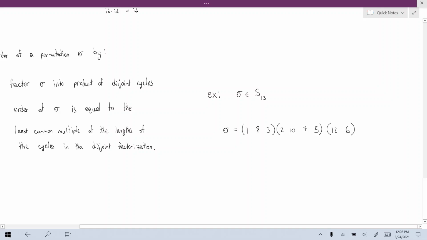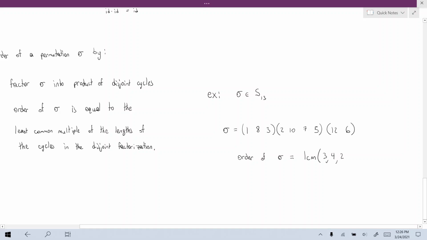Okay, so we have this permutation, we factored it into a product of disjoint cycles. So what is the order of this permutation in S13? Well, the order should be the least common multiple of the lengths of each of these cycles. So the lengths are 3, 4, and 2.